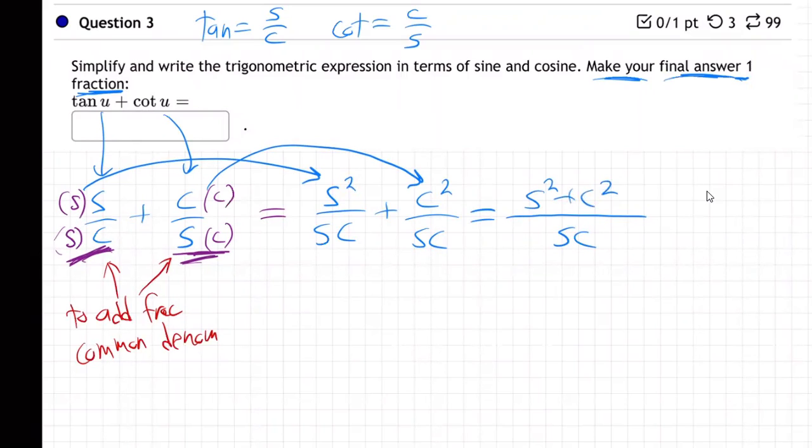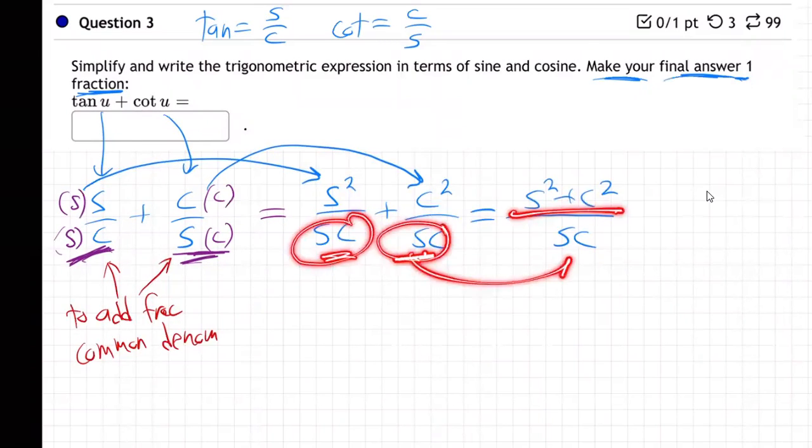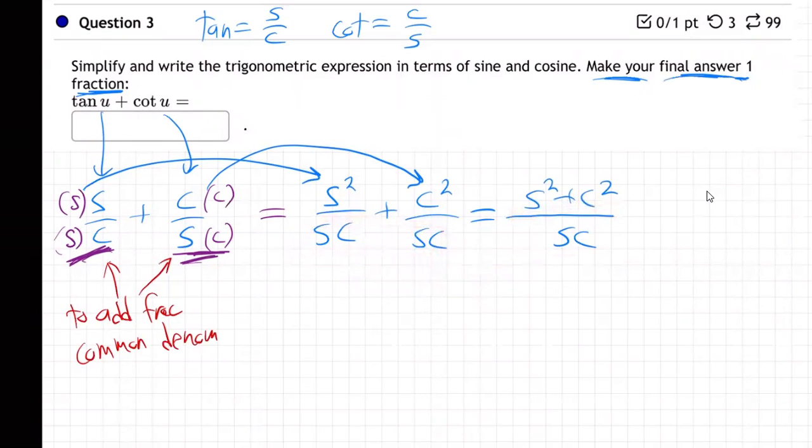Like that. Everybody good to there? Instead of having it be two separate fractions, I can make it one big fraction because they have the same denominator, just one common denominator. That's just common denominator combining, right?